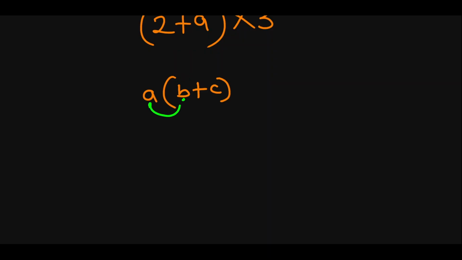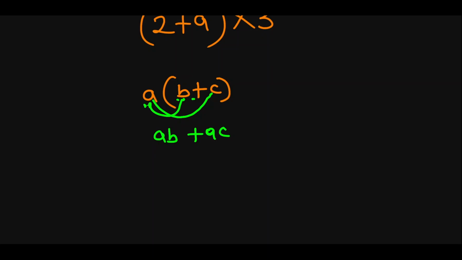So you multiply A with B first, it gives you AB. Then you multiply A with C, and then it gives you plus AC. So this is what the distributive law is saying. Take what is outside the bracket that is multiplying the bracket and multiply all the terms in the bracket one by one. So that is the distributive law.